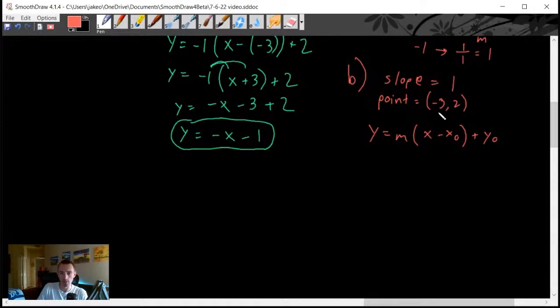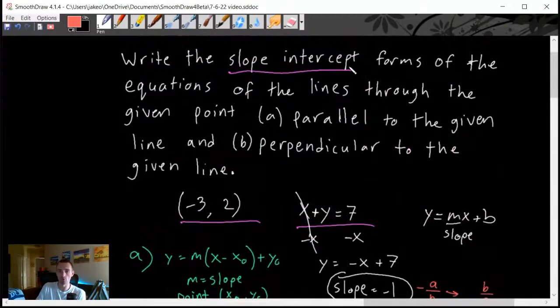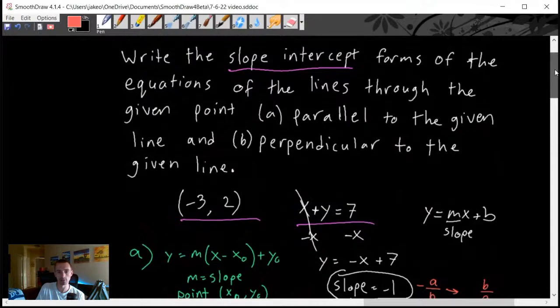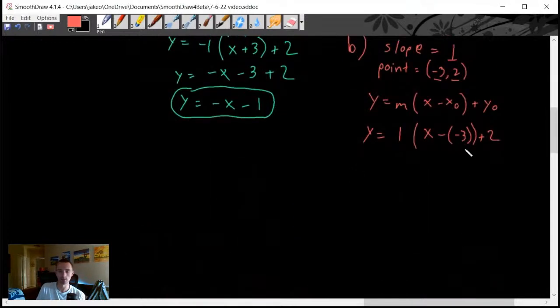So in this case, x0 is negative 3, y0 is 2, m, which is your slope, is 1. So you just pretty much have to plug those in for these 3 different pieces, minus negative 3 plus y0, which is 2. And then in order to get it into the slope-intercept form, like the problem asked us to find it in, we just have to expand this out and simplify.